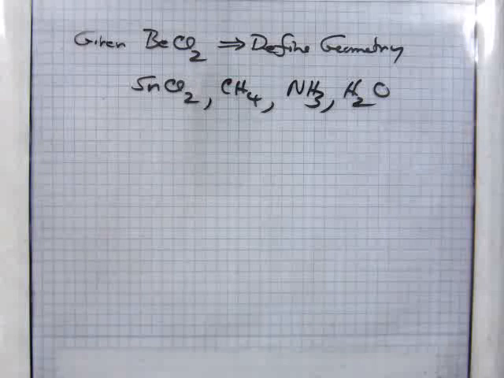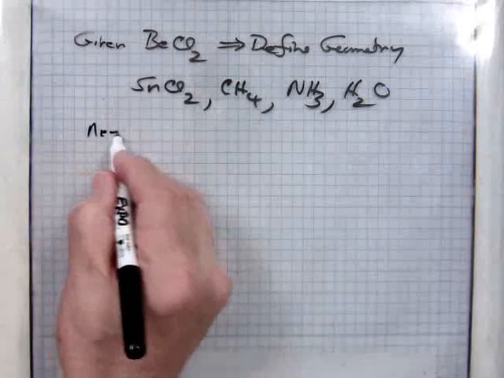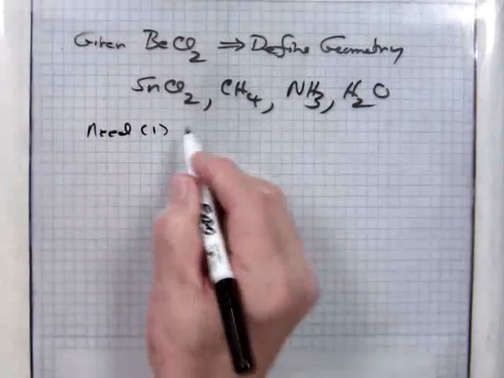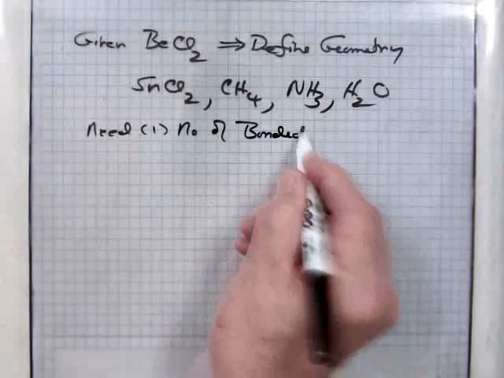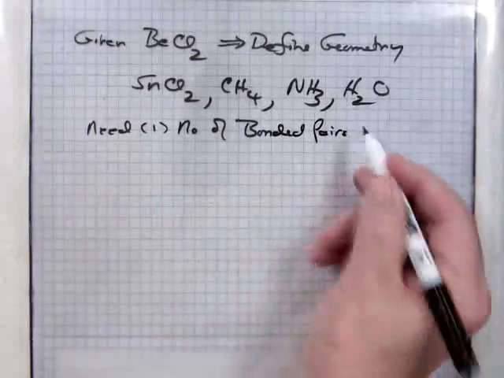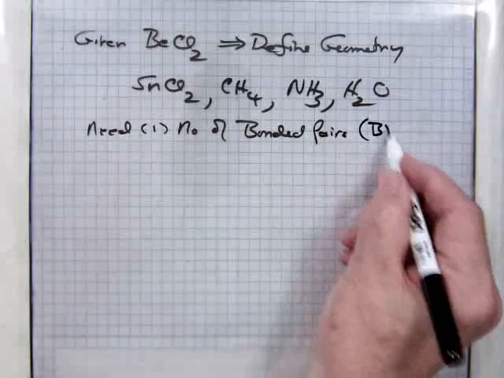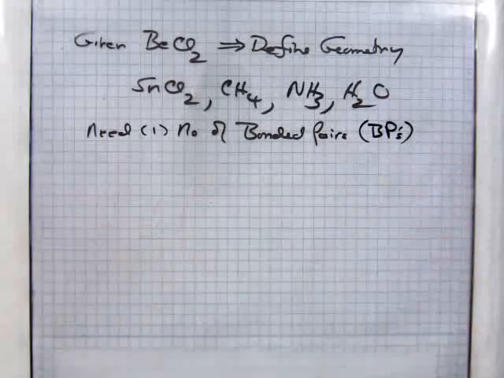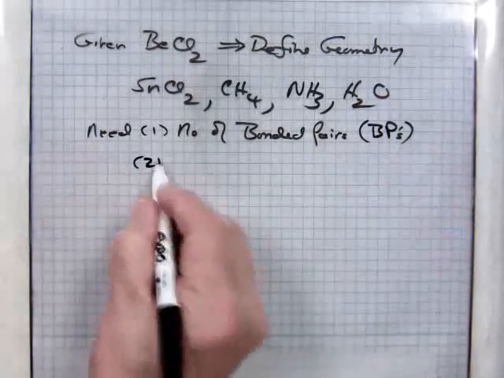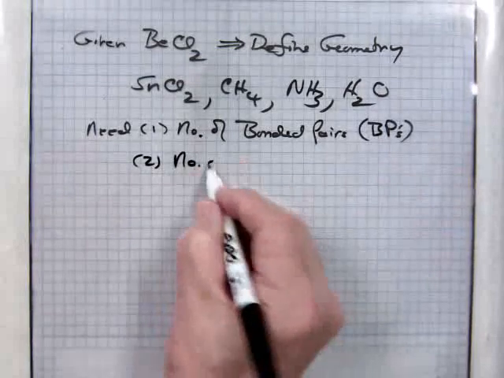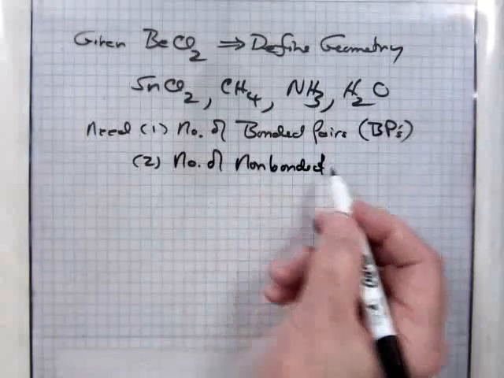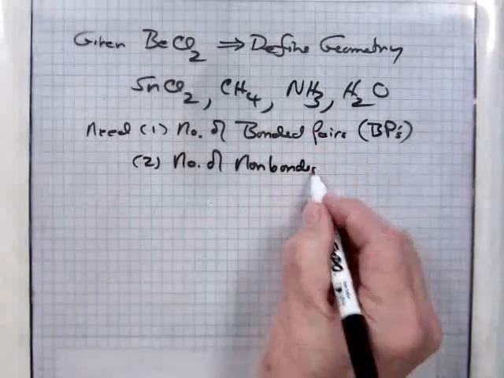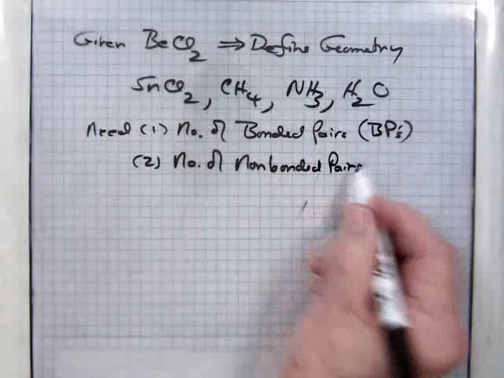You need 2 things to determine a geometry. 1, the number of bonded pairs, or electron pairs. And 2, the number of non-bonded pairs. It's very straightforward.